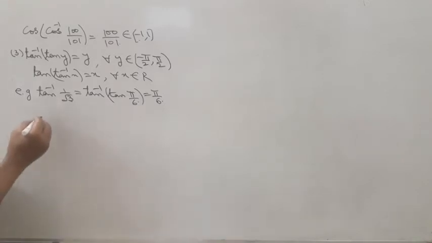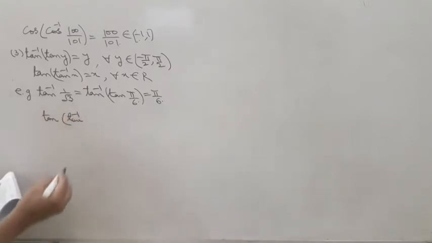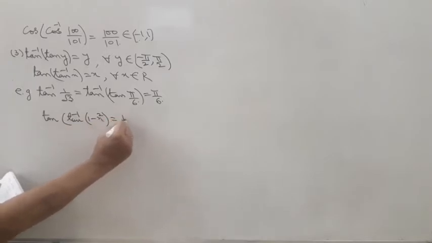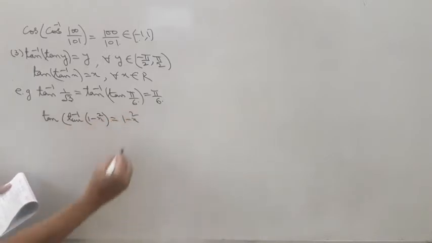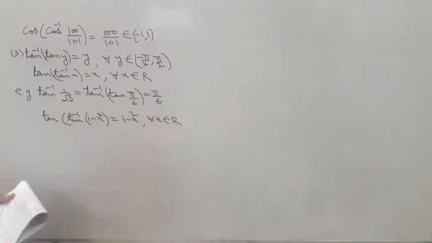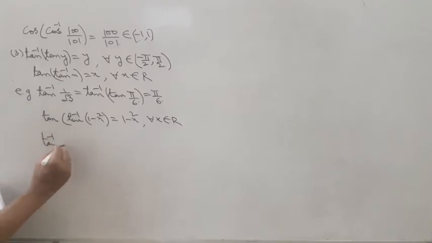Again, tan of tan inverse of 1 minus x square is just equal to 1 minus x square for every x belonging to R. Similarly we have one more, tan inverse of tan 5 pi by 6.